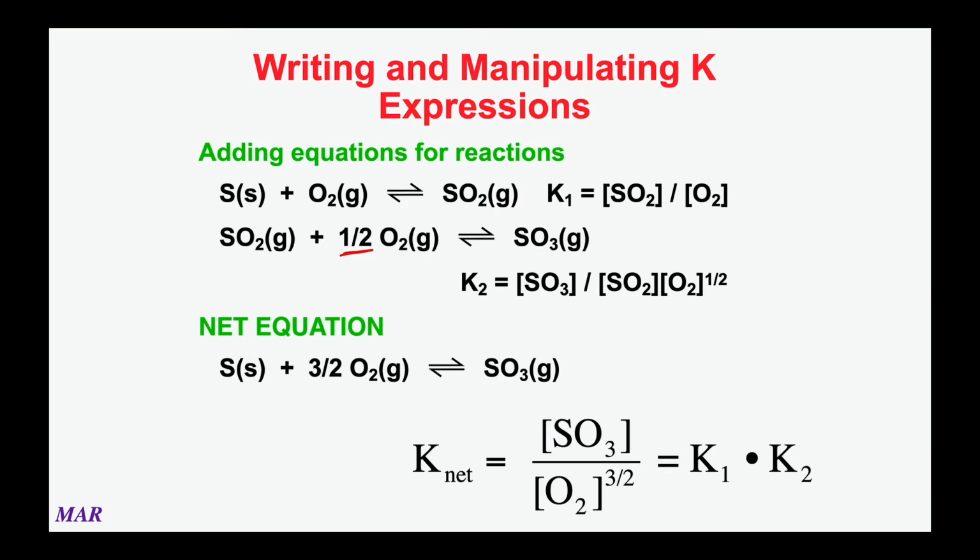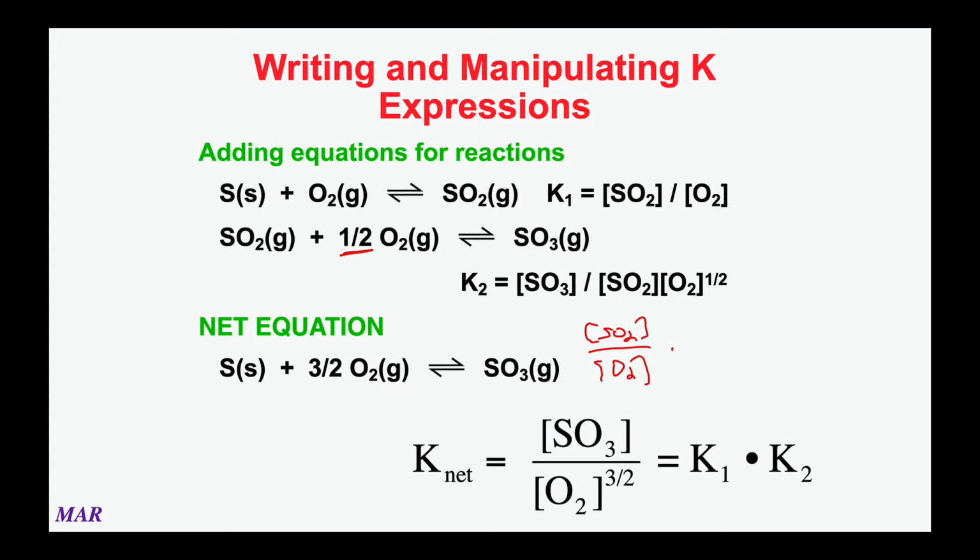And if you look carefully, if you took K1 and multiplied it by K2, it's going to give you this net reaction. I don't believe you, Dr. Russell. Oh, whoever said that, random student in the back of the room, I totally understand. So K1 is SO2 divided by O2.